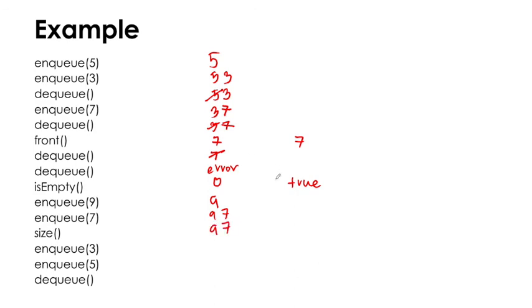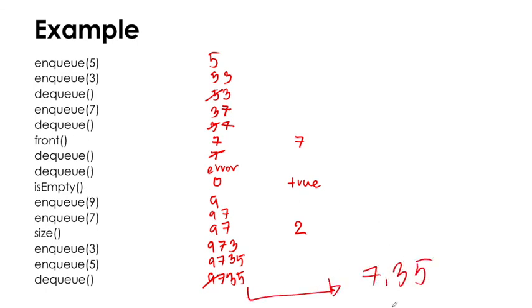So the size of the queue is 2, and then enqueue 3, so 9, 7, 3, and then enqueue 5. And then lastly, dequeue, which will result to the 9 being removed from the queue. So our final queue will be 7, 3, 5.